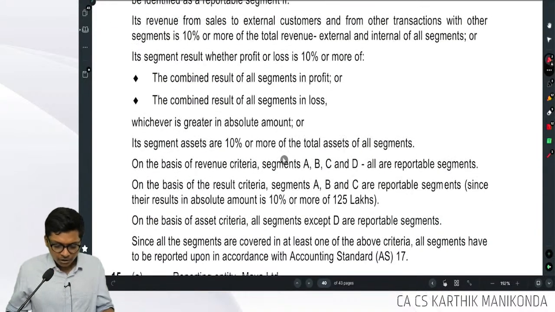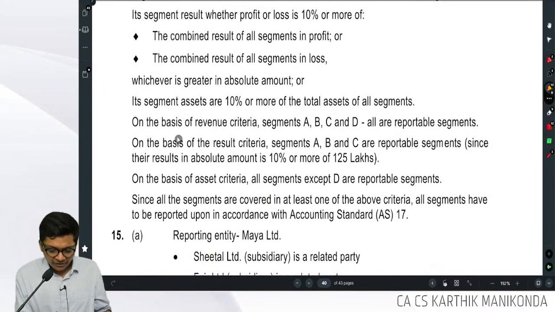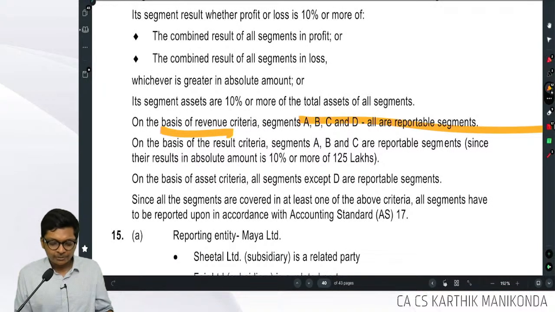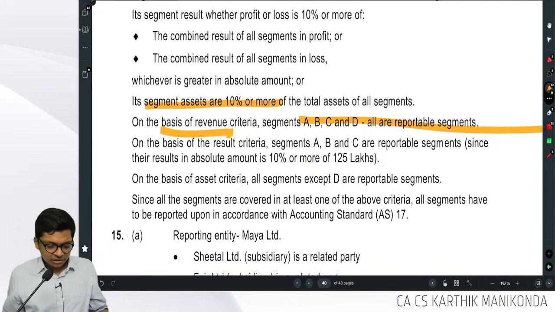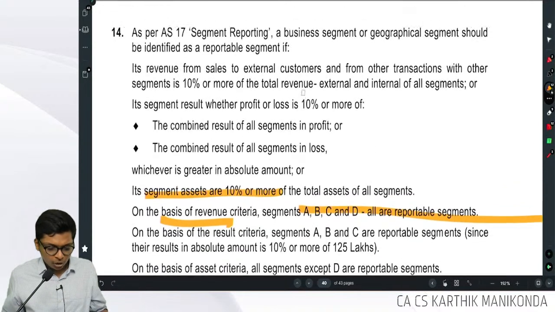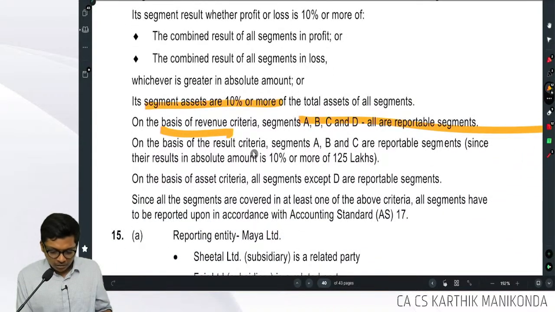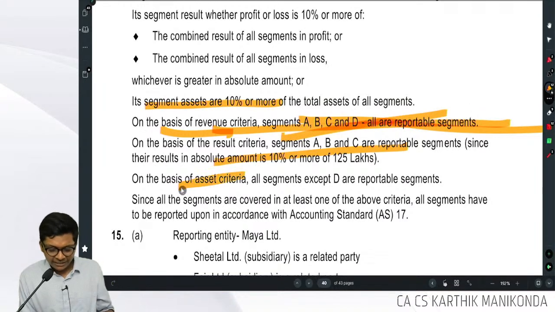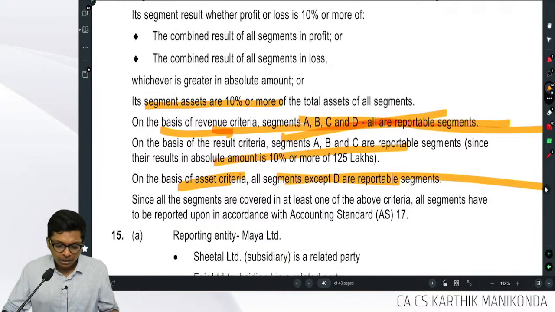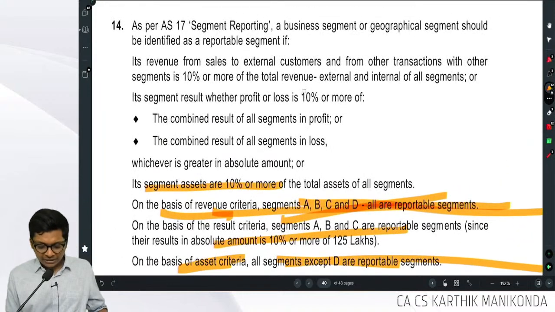Let's go check. So if you look at this, on the base of revenue, all are reportable segments. On the base of assets, we will test segment assets 10% or more. Revenue is satisfying all, so I will report everything. On asset, I told you ABC except D are reportable segments. What about result test?